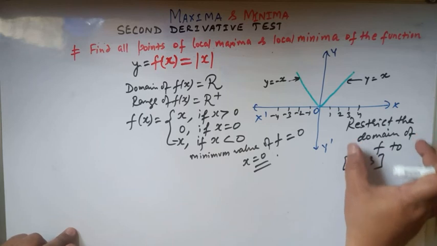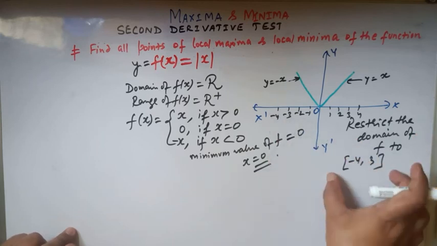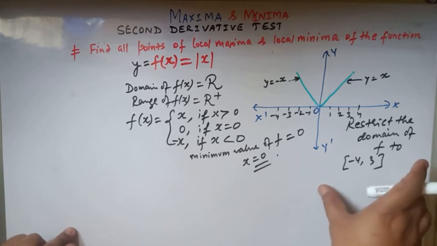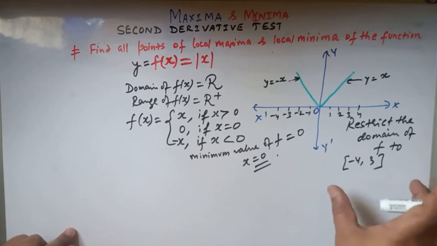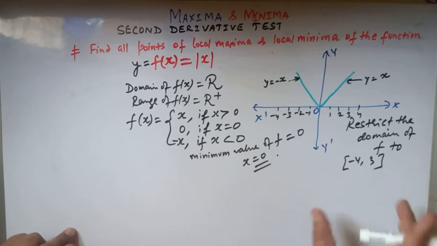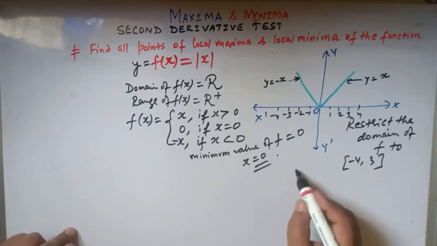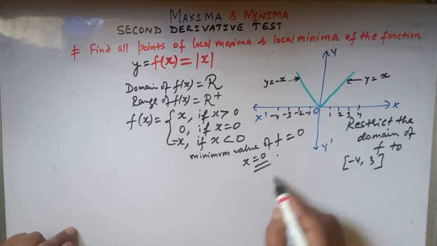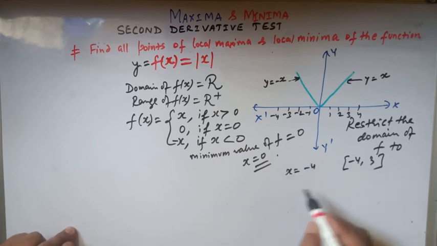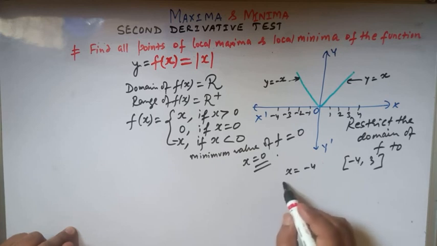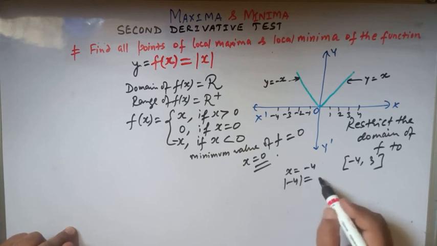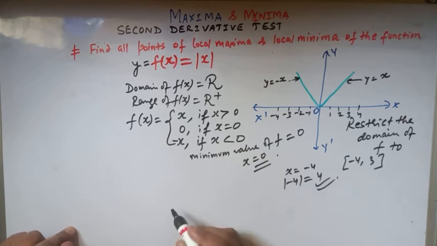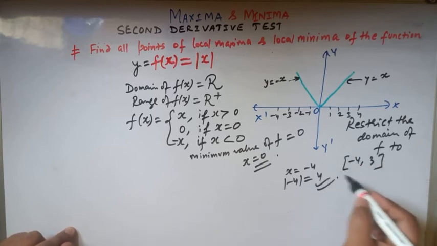If we restrict the domain of f to this interval only, then f will have a maximum value, and the maximum value will occur at x equal to -4, and the maximum value of f is mod of -4, which is equal to 4. So this is the maximum value in this case.